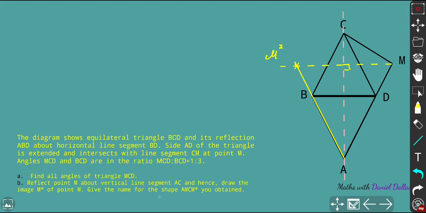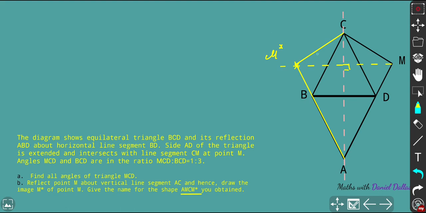What you need to do is arrange the shape A, M, C, M star. That's definitely a quadrilateral because there are four vertices and four sides. So you need to give the name for this shape.